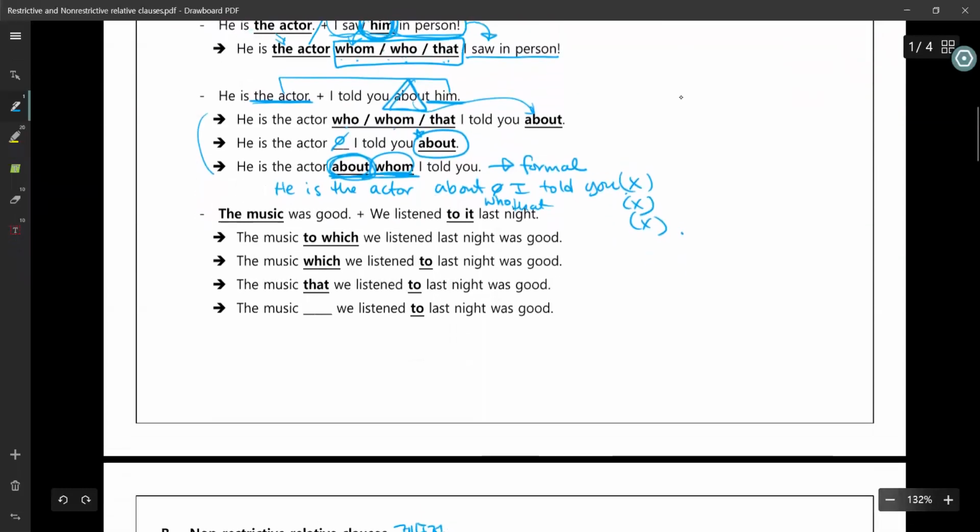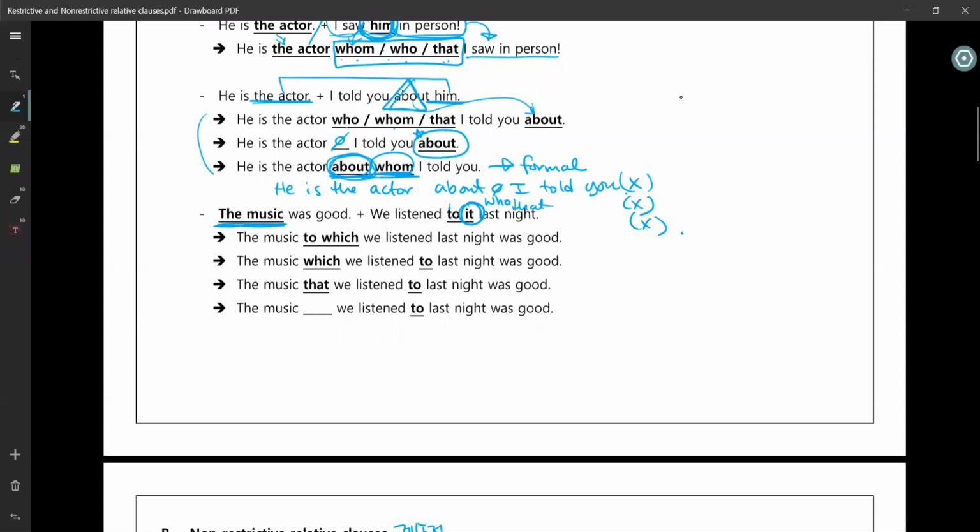Same thing with it. If you want to talk about the music, let's say, okay, music is not a person, right? So if you look, the music was good, and then in the second part of the sentence we use it as the object to the preposition, right? So we listened to it last night.